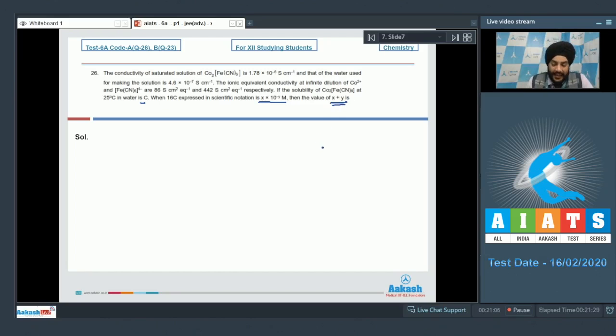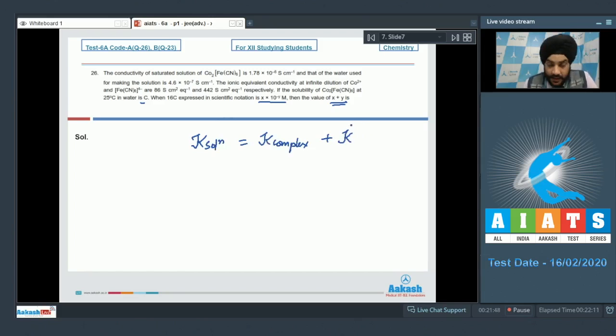So we have been given the conductivity of a saturated solution of this complex, and the examiner has also mentioned that the water used for making the solution also has to be considered. So the conductivity of the solution and the conductivity of water have to be used, and the difference between them will give us the conductivity of this complex. So we can have the kappa of the solution equal to kappa of the complex plus kappa of water.